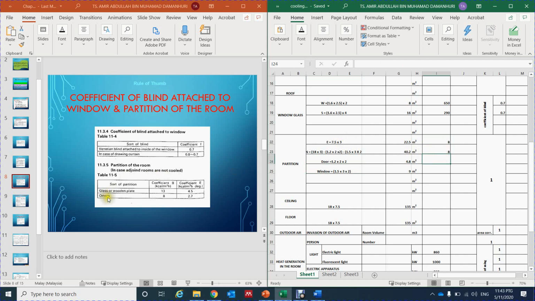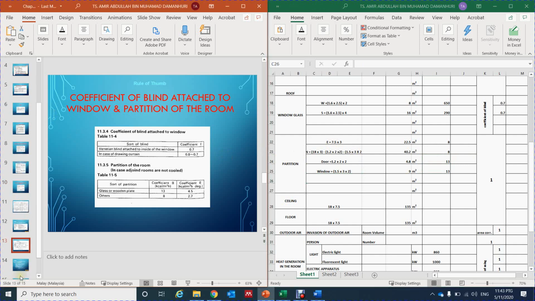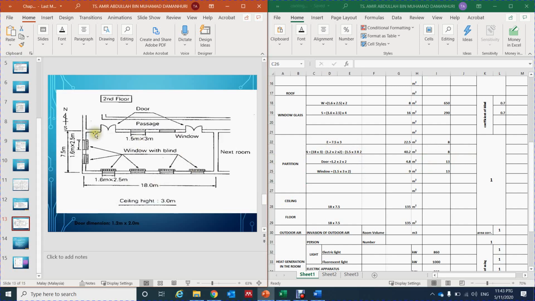So now here will be put for the wall, then here also wall, then the door is glass or wooden plate. The door will usually use wooden plate material, so it is 13. Window also will usually be glass, it is also 13. Let me go through again what we call the partition.